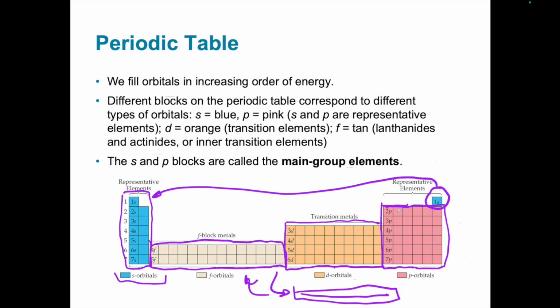That should be boron, carbon, nitrogen, oxygen, right? So here's oxygen, and its valence electrons are in the p block, in the p orbitals, okay? And we'll talk about some other more advanced things later during the chemical bonding chapter, but that's really all you need to know here.